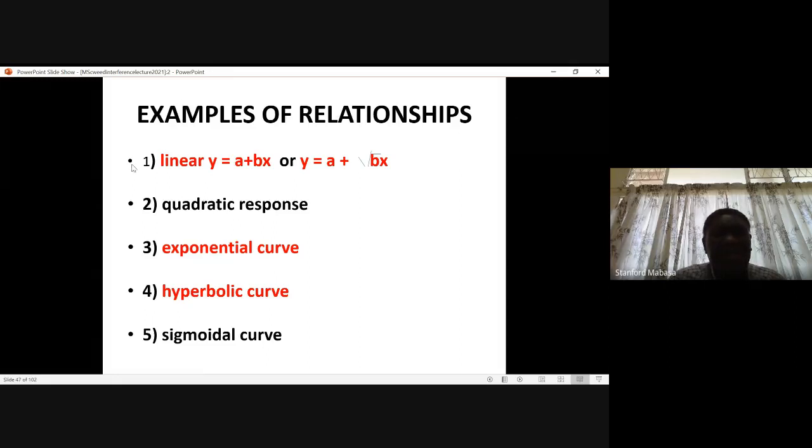Depending on the number of treatments, sometimes if you relate weed density to crop yield, you get a straight line relationship. You get linear relationship, which is represented by this equation.